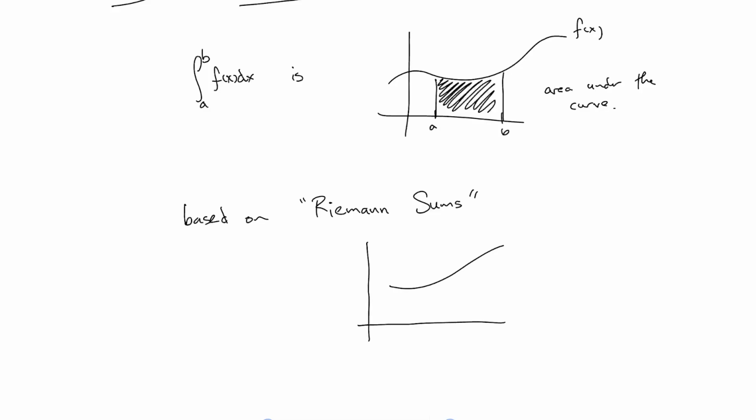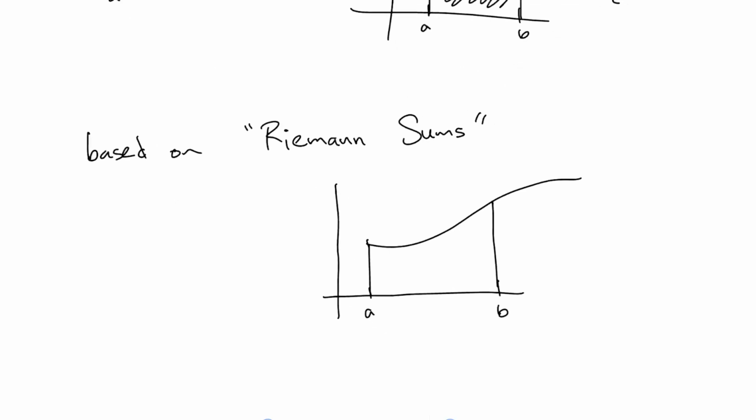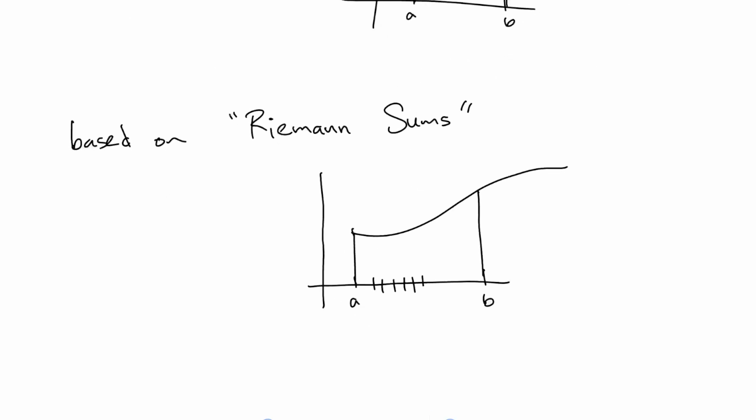If you have this kind of weird curvy shape, the idea behind how you find this weird area is you chop up this area into a bunch of little bitty bits, and along each of those bitties you draw a little rectangle, and then you add up those rectangle areas. I hope you remember doing this.